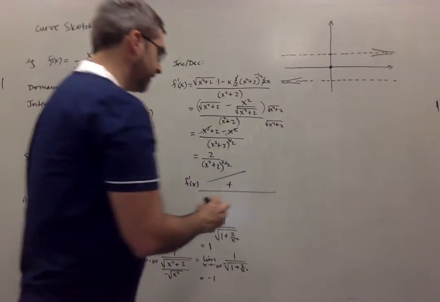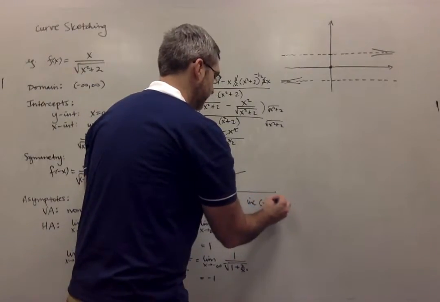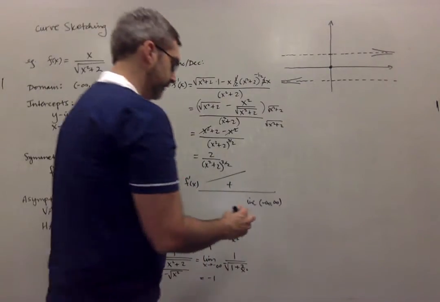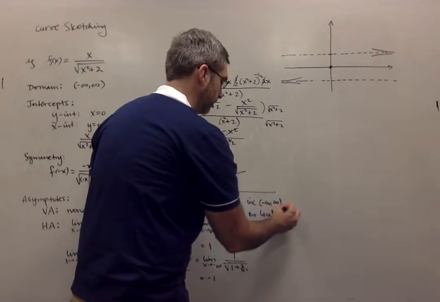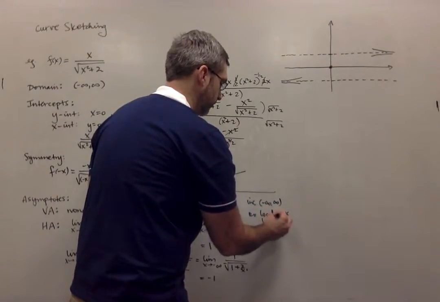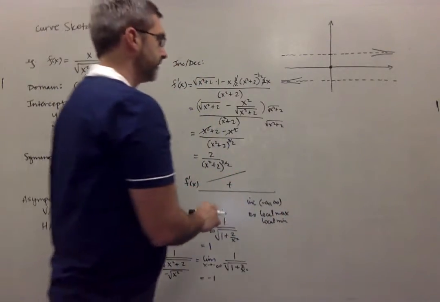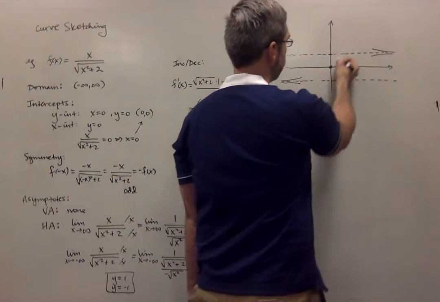So the function is increasing on that entire interval from negative infinity to infinity. There's no local maxes, no local mins, no decreasing, right? So that means it's increasing, which means it can't go down and then up and then down.